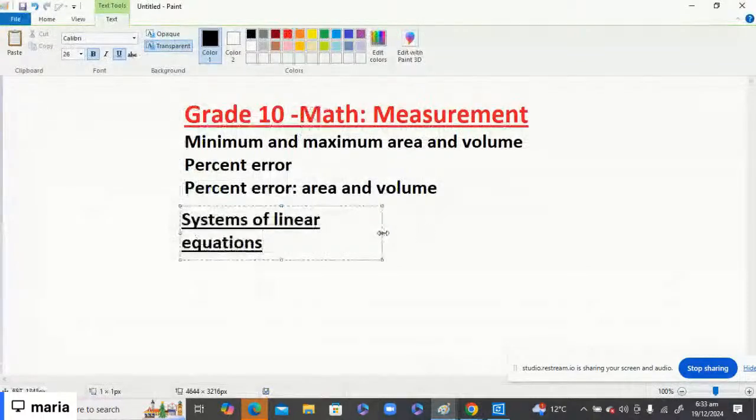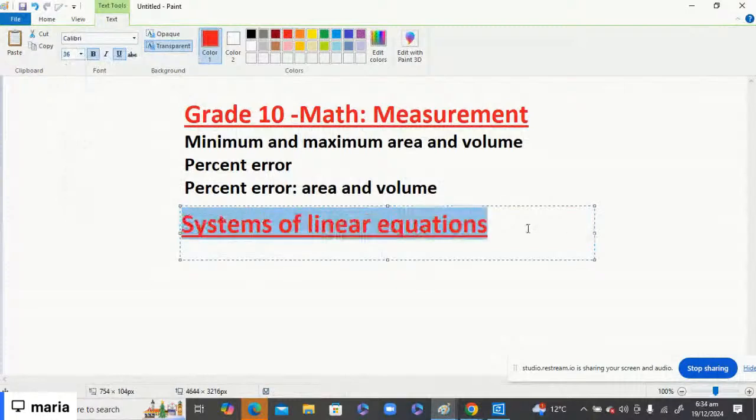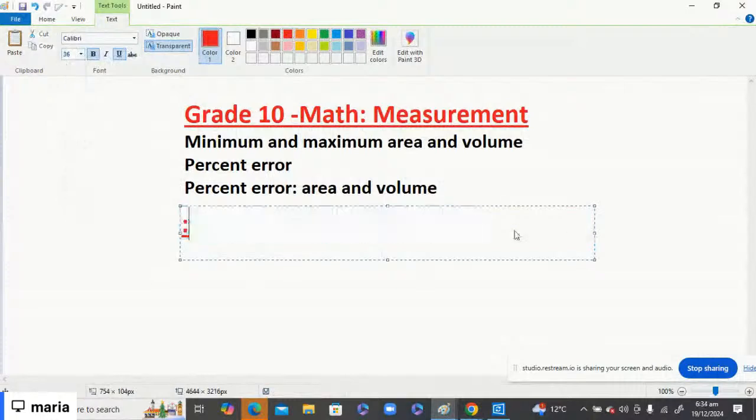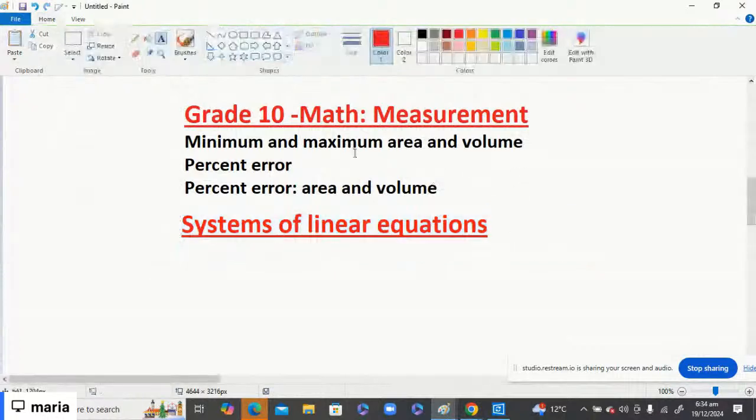Today we start the system of linear equations.